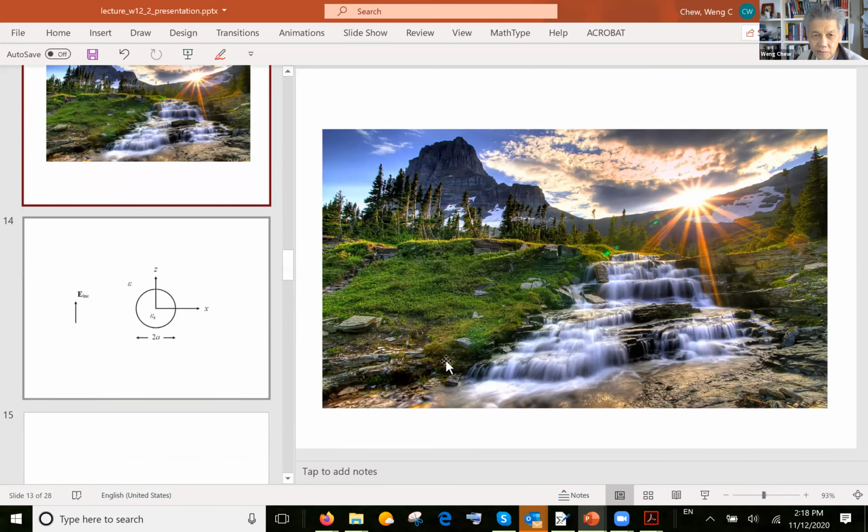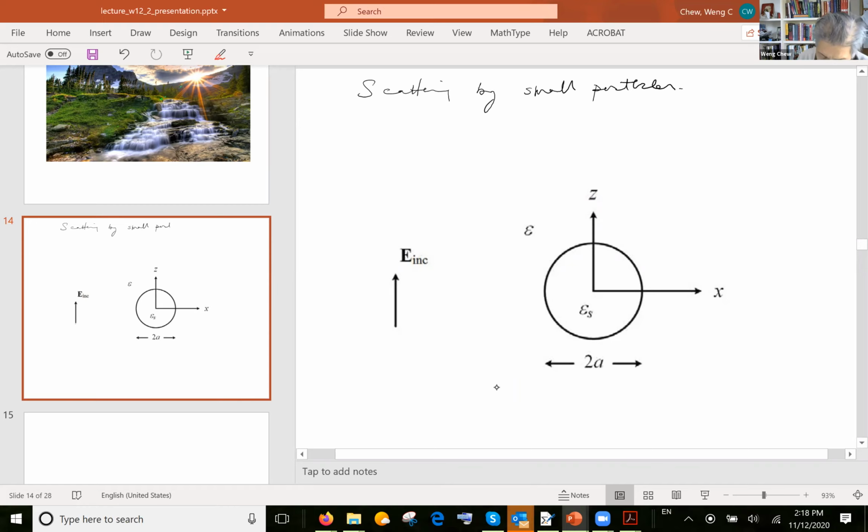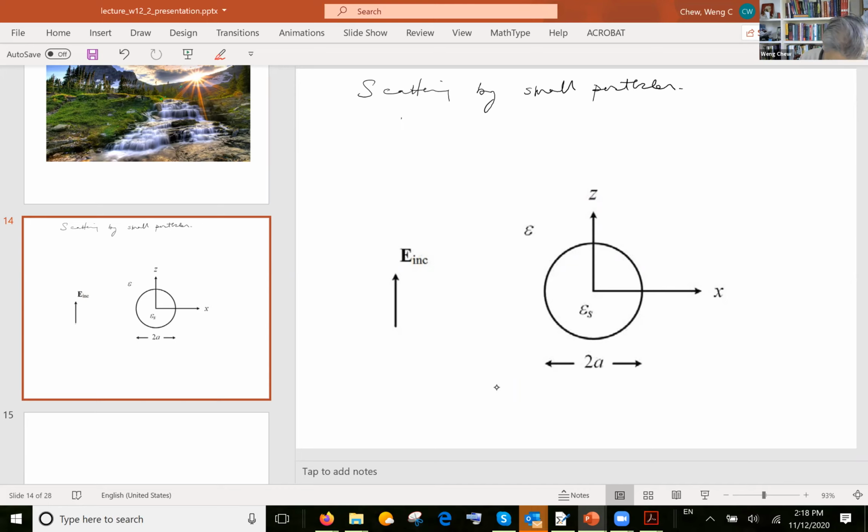Okay, so what is Rayleigh scattering? Rayleigh scattering is scattering by small particles. So if you look at the water molecule, it is about maybe 0.25 nanometer, H2O.